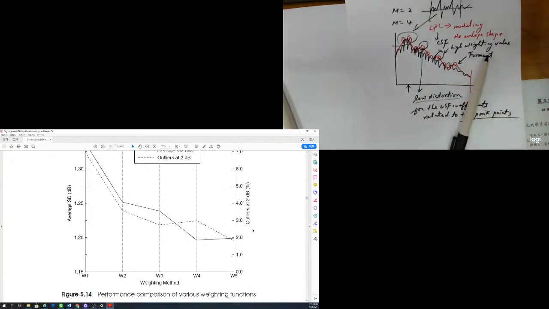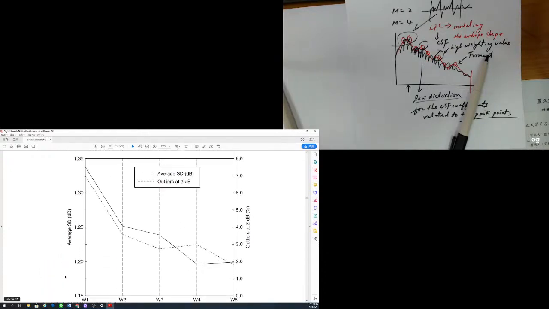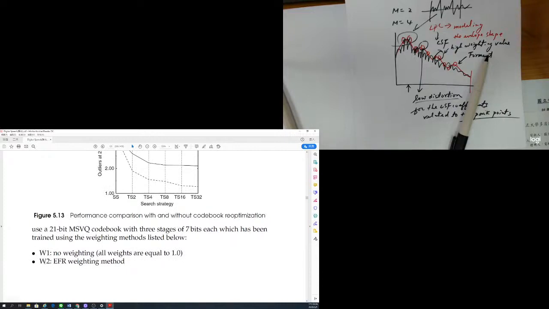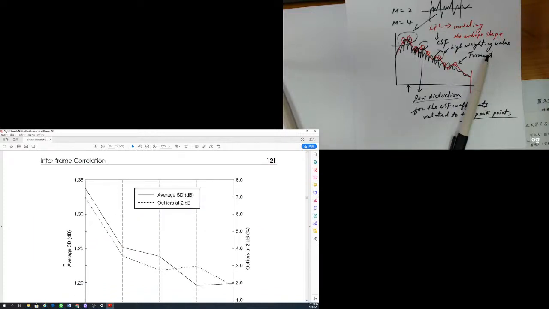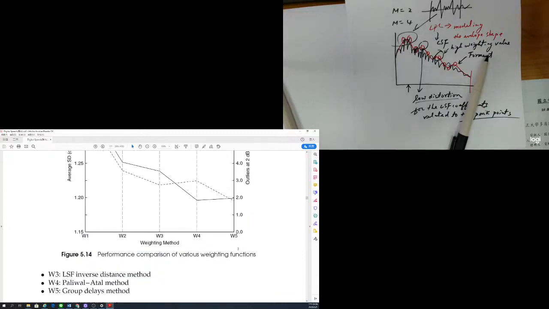So this one, in the past we talked about, we have five different weighting values. You can see for the different weightings, the average spectrum distortion and the outliers are shown. Around W5 the weighting value is the group delay method, which sometimes gives good performance.